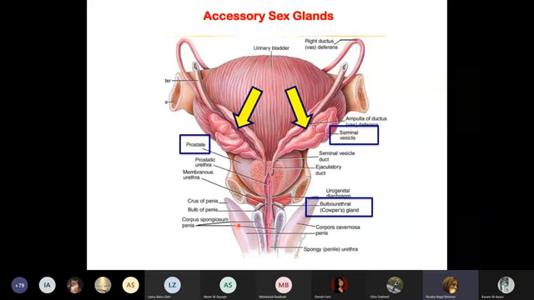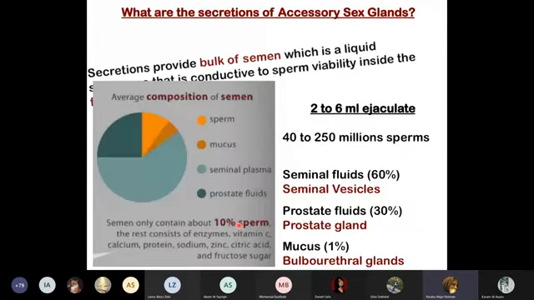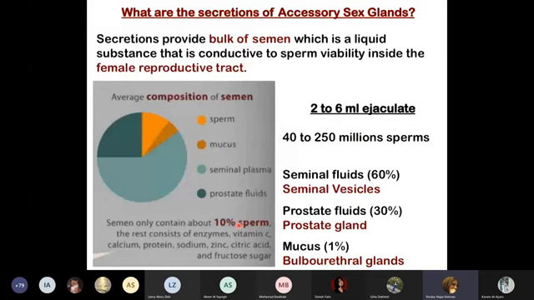These glands will secrete fluids that will mix with the sperm cells to form what we call the semen. The semen is a liquid that is very important because it will provide viability for the sperm cells inside of the female reproductive system.